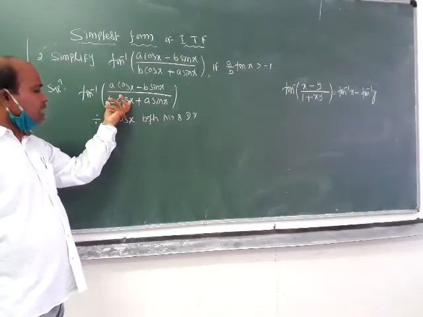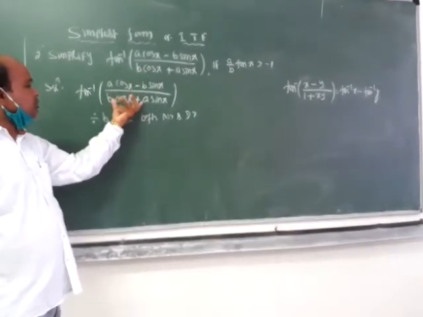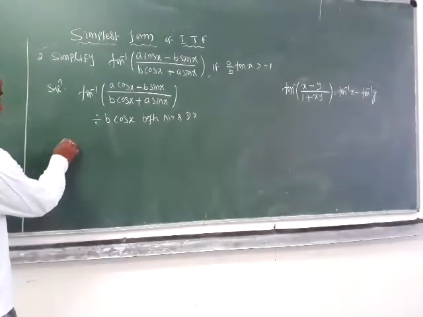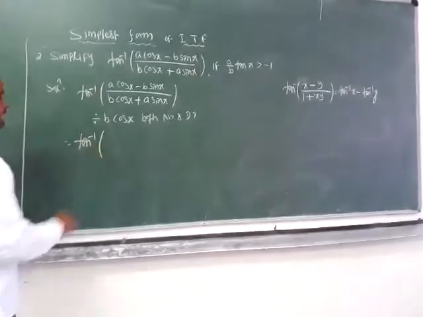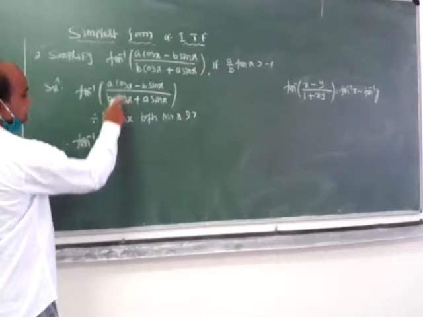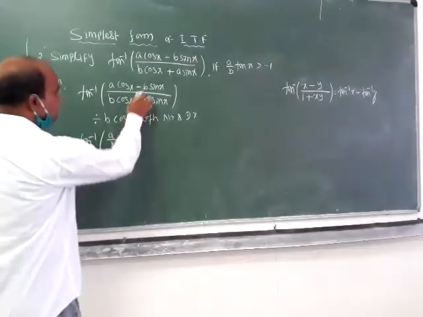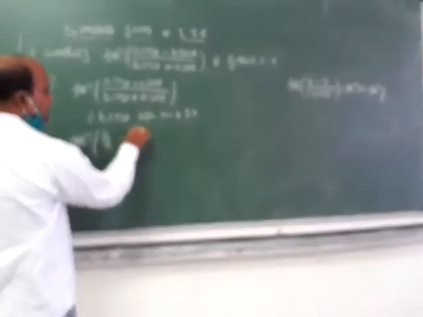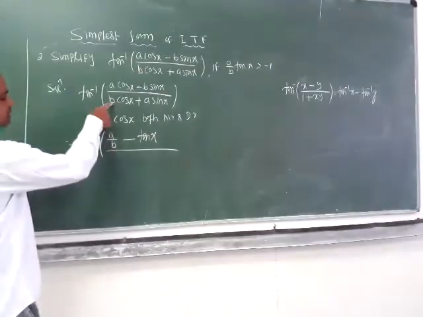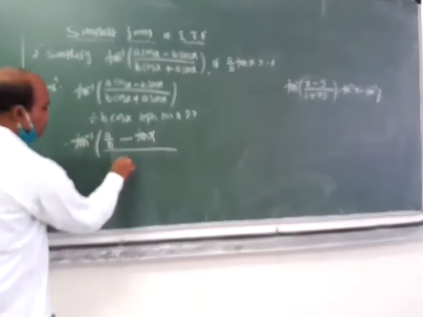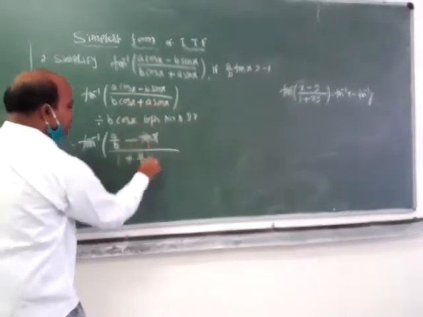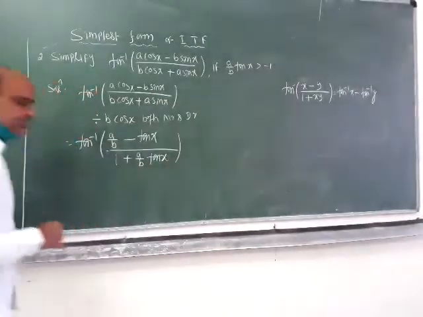If you want to convert to 1, numerator and denominator divide by the first term b cos x. After the division, what do you get? Tan inverse of (a by b, cos x cancel, minus b cancel, sin by cos, tan x) upon (1 plus a by b sin by cos, tan x).